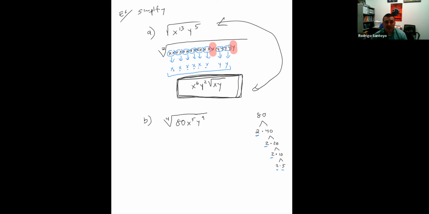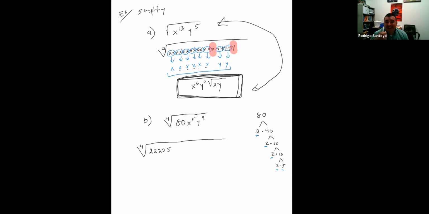And this is what you'll see. You'll see a lot of problems that have numbers. So now just rewrite it. Make this a little longer. Now I show those numbers in there. I got 1, 2, 3, 4 2s, and then I have a 5. And in regards to x's, I got 5 of them.